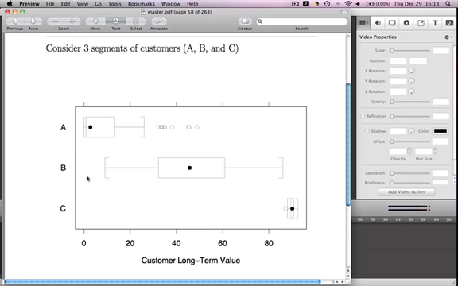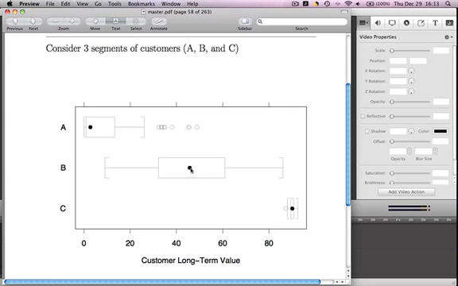So these customers are very heterogeneous. Some are very weak. Some are extremely good customers, almost as good as those in segment C. This is a very heterogeneous segment, almost too heterogeneous to be a segment, to be honest with you. So the spread is huge. The median is around $50, a little bit less than $50.